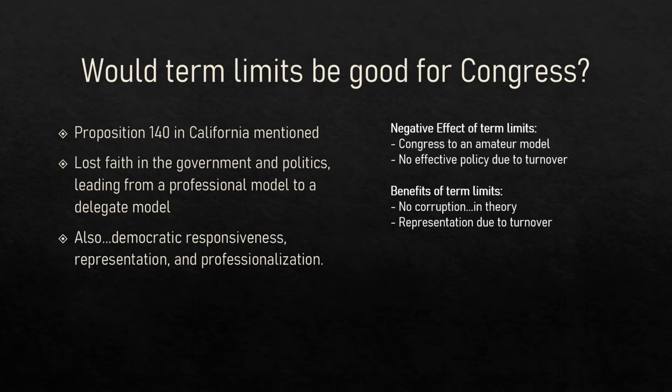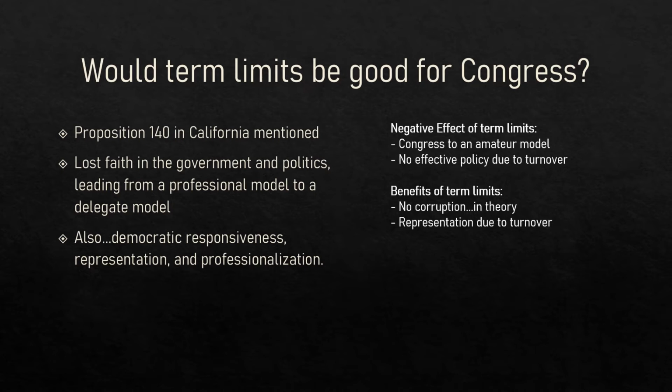Negative effects of term limits. Many people had very good answers. Negative effect: Congress is full of amateurs when you have term limits. People don't cultivate enough skills, and even if they do, by the time you've cultivated them, your term has run out.